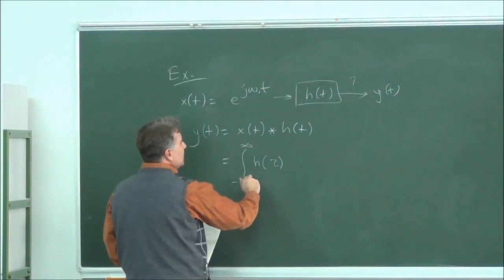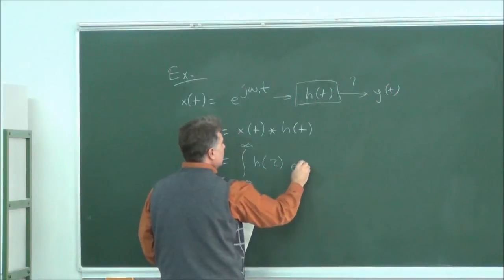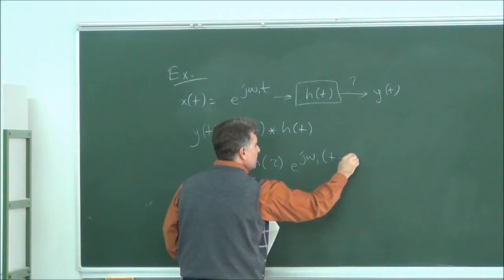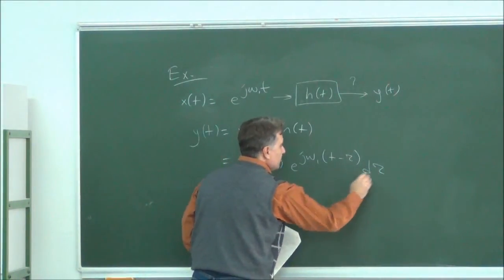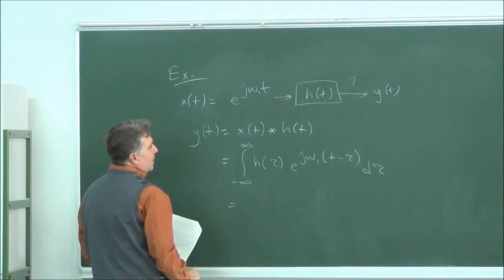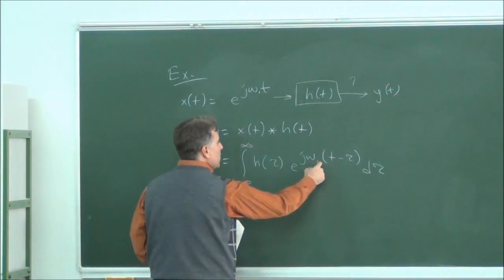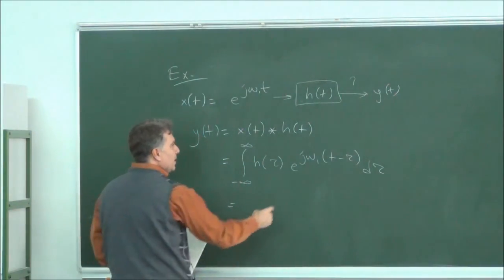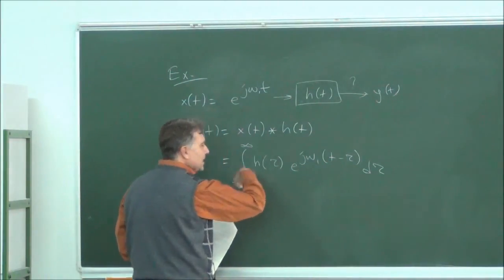What is x of t minus tau? It is e to the j omega 1 times t minus tau. And e to the j omega 1 t goes out of the integral, and e to the minus j omega 1 tau will be remaining inside the integral.